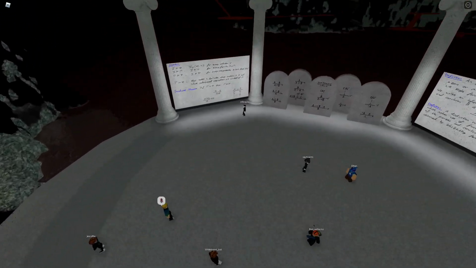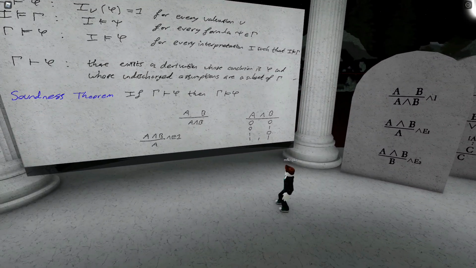But also the converse of that is that if A is false, then A and B also has to be false. So that tells you that these 2 rows are false. And then the other rule, A and B gives you B, tells you that these 2 rows have to be false.